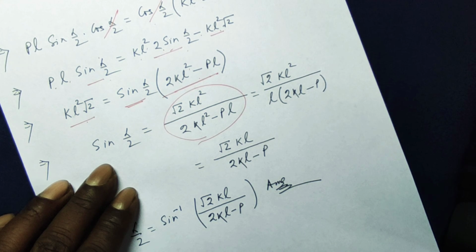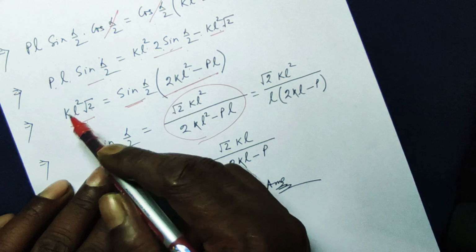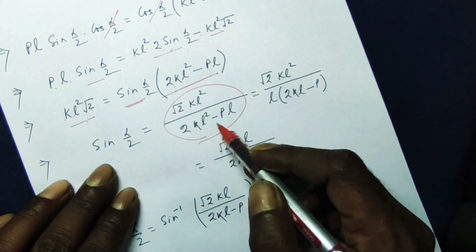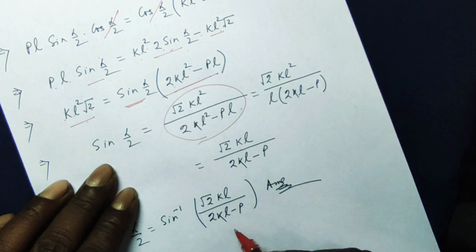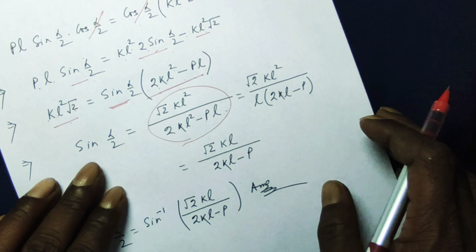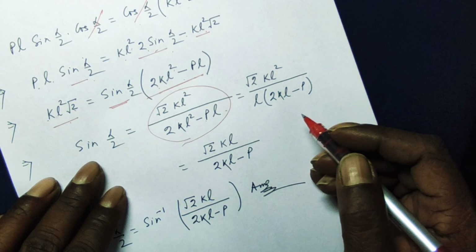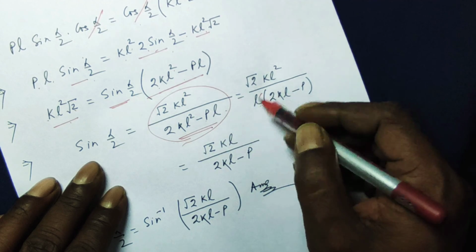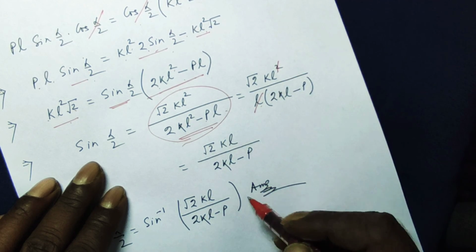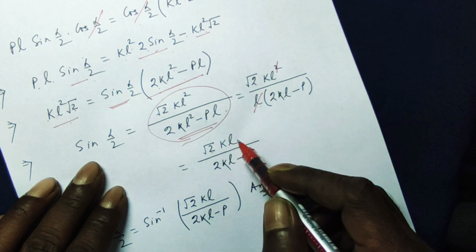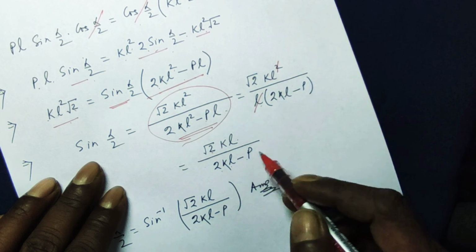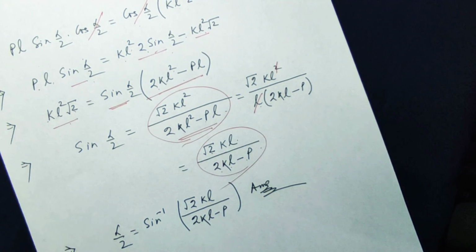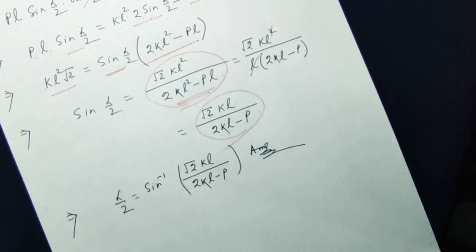So root 2 KL square over 2 KL square minus PL is this much. Now if you take L common here, then this L cancels with this, so we are left with root 2 times KL over 2 KL minus P. This is your sin alpha by 2.